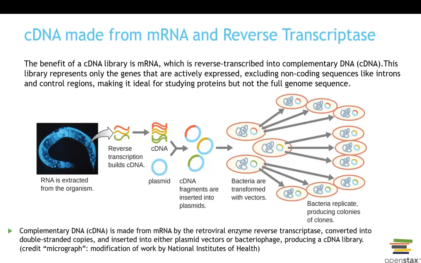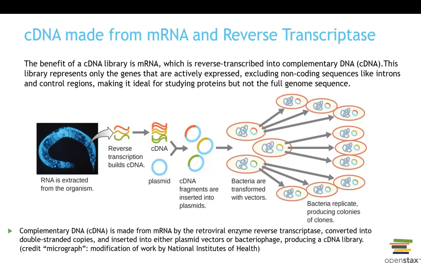So for this reason, instead of extracting the whole genomic DNA from the organism, we're gonna just extract the RNA, and then because RNA is not a very stable macromolecule, we need to convert it to DNA, or cDNA, complementary DNA.